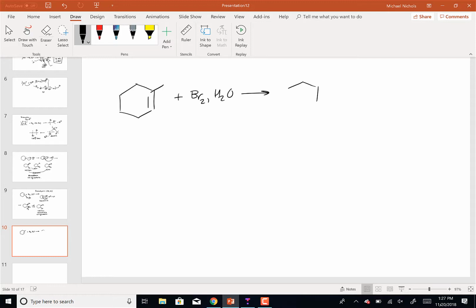Here's my intermediate. So same intermediate, I've got a methyl group in there now. Why does the methyl group turn to a dash?